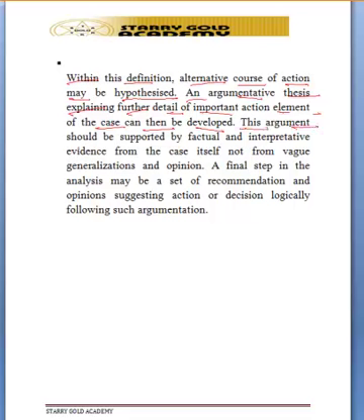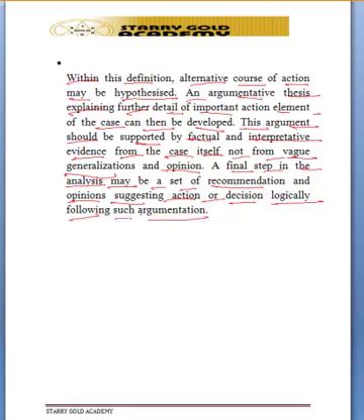This argument should be supported by factual and interpretative evidence from the case itself, not from vague generalizations and opinion. A final step in the analysis may be a set of recommendations and opinions suggesting action or decision logically following such argumentation.